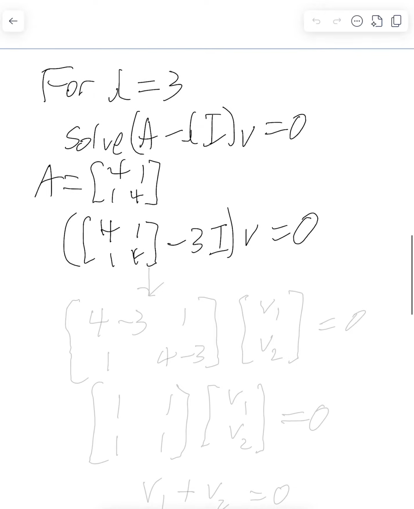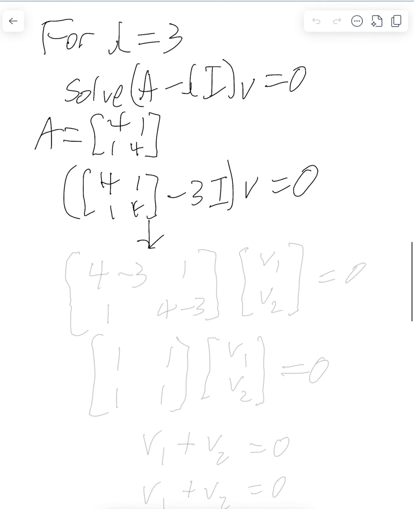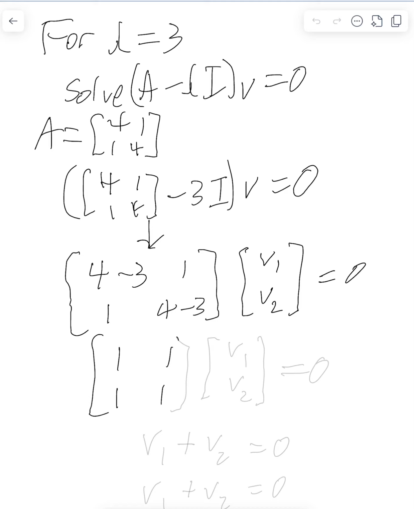All this right here would equal 4 minus 3, 1, 1, and 4 minus 3, since it's the identity matrix, times v, and you can expand out this v vector to v1 and v2 equal to 0. So this would just be 1, 1, 1, 1 times v1 and v2 equal to 0.